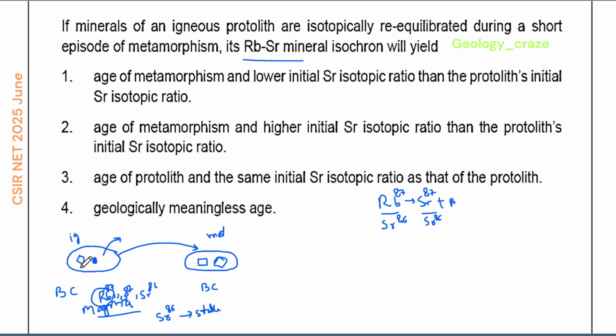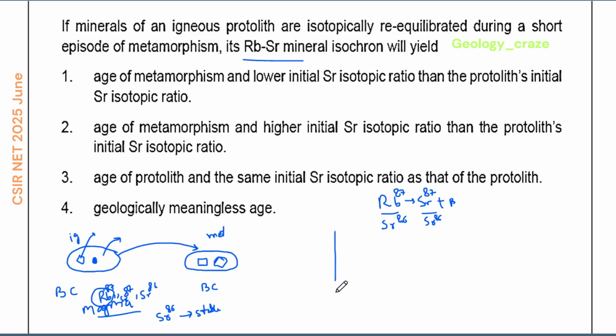But Sr-86 is the same for the whole rock. It is not getting changed because it is a stable element. So this mineral has some value of Rb-87 by Sr-86 and Sr-87 by Sr-86, and this mineral also, and this rock also.